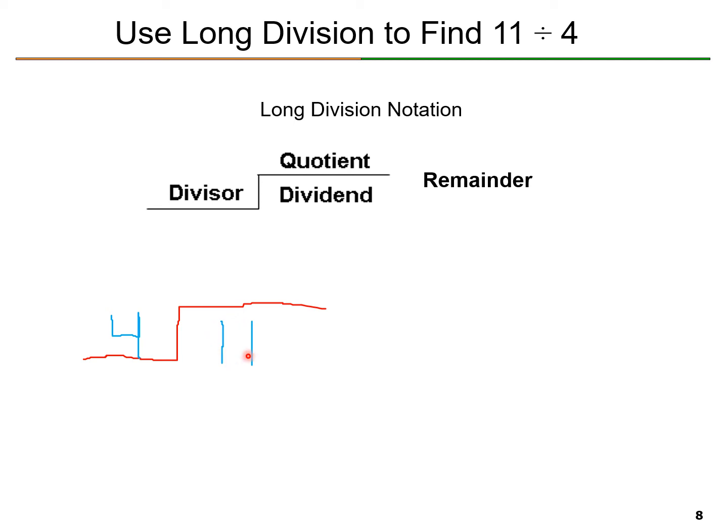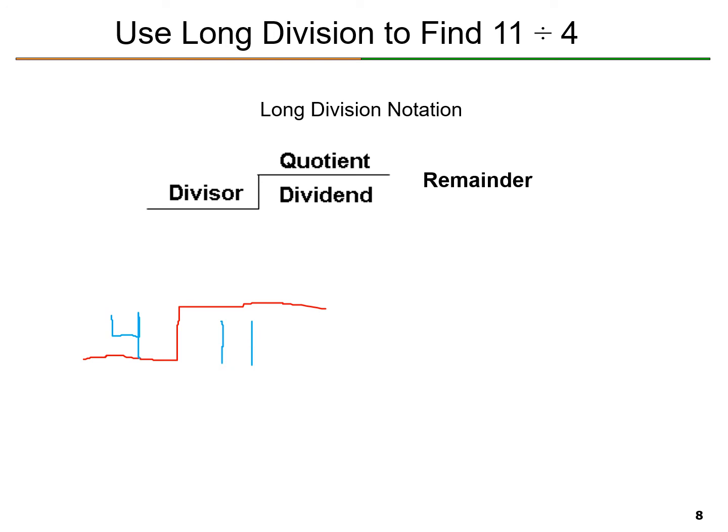Because 11 is larger than 4, 4 will go into 11. How many times will 4 go into 11? Well, 4 will go into 11 without going over a total of 2 times. Now, we don't put the 2 above this 1 here because 1 is less than 4. We're going to put the 2 above this 1 here because 2 is less than 11.